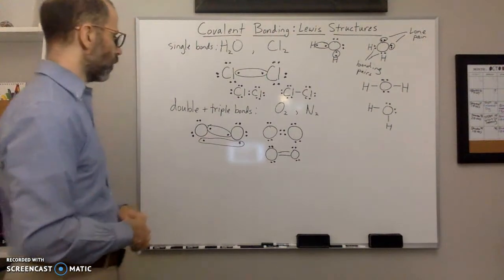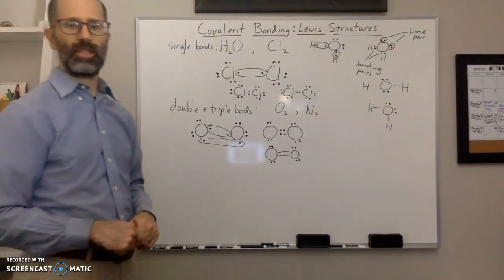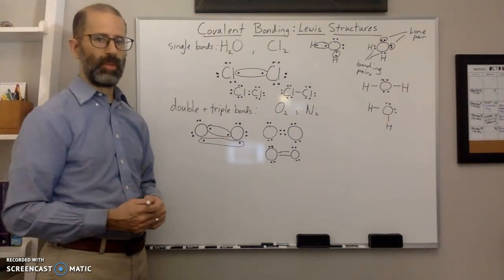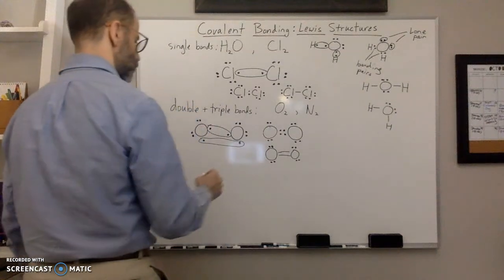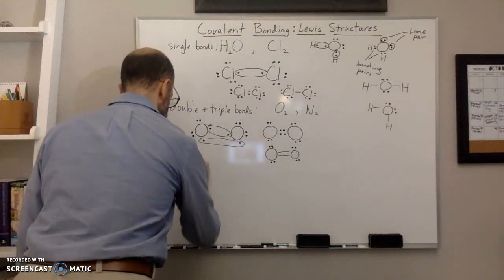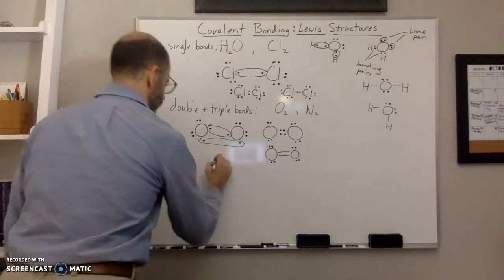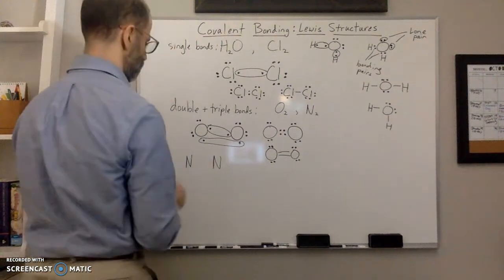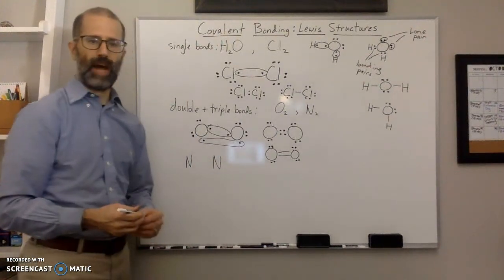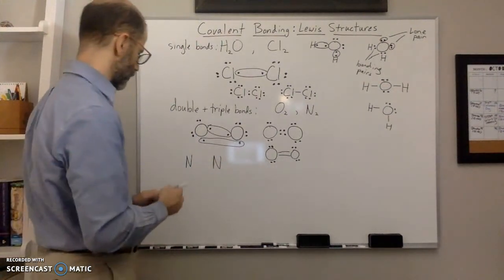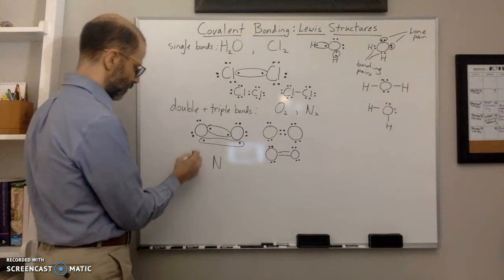Okay, so what about nitrogen? Last one, nitrogen, probably going to be a triple bond. So let's see. So we have nitrogen, and we have nitrogen. So nitrogen is in group 5. It has 5 valence electrons. So let's see what happens.